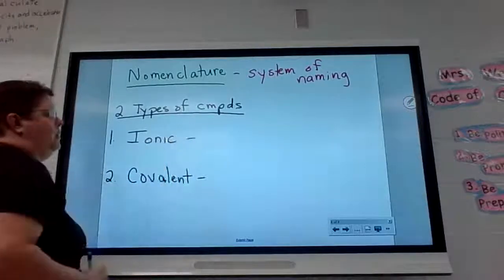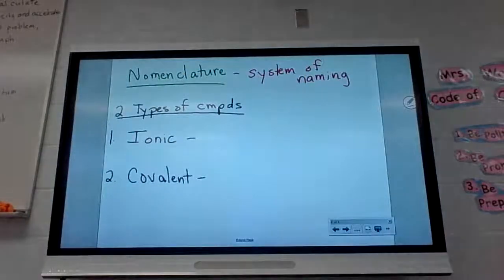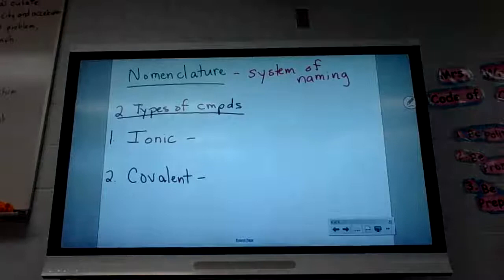Now, we're not going to talk about the electrons and how the electrons move between the elements until 4 weeks or so from now. We're going to talk about how to recognize them today.